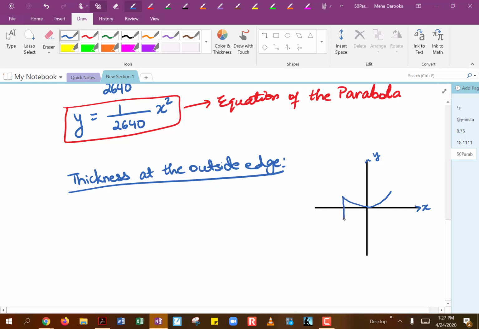This is our mirror. Now we know this distance here is 23 inches, so you can think of this as being negative 23, since we're placing this below the x-axis, but basically that tells us this distance here is 23 inches, right?